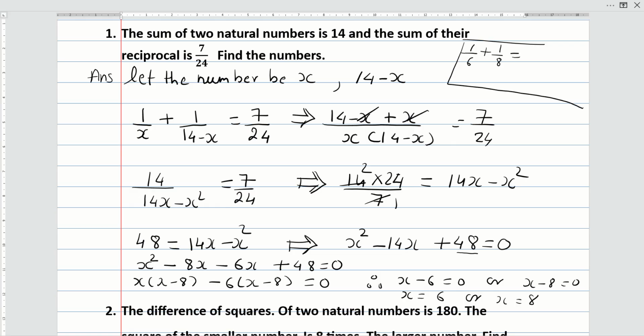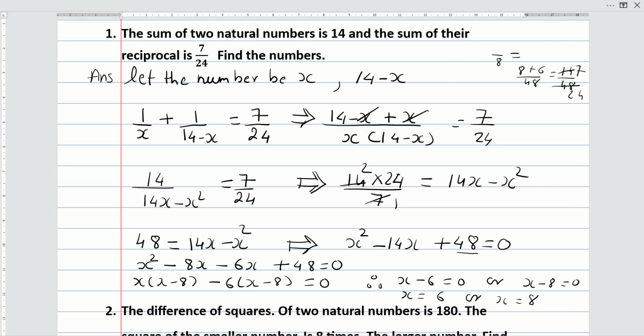It will be 8 plus 6 upon 48, that is 14 upon 48. If I cancel with 2, 2 sevens are 14 and 2 twenty-fours are 48, meaning our answer is correct.